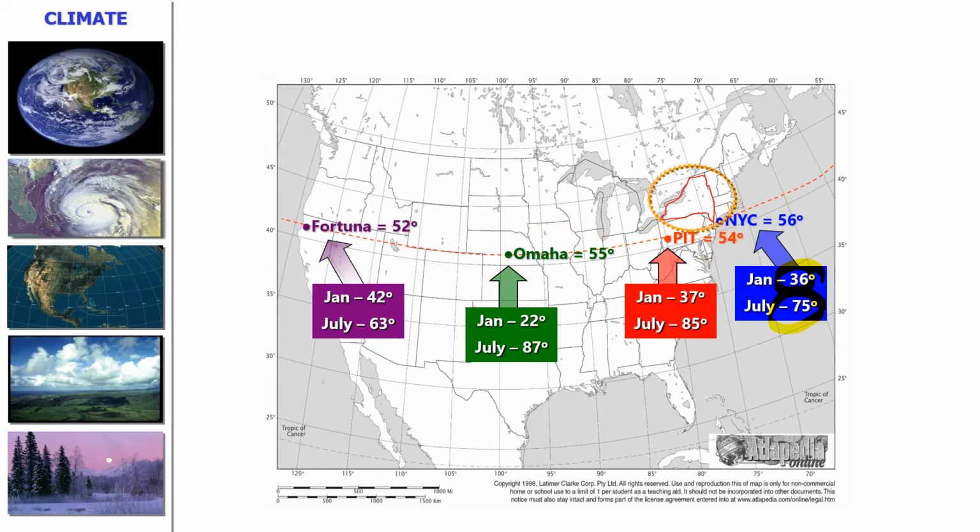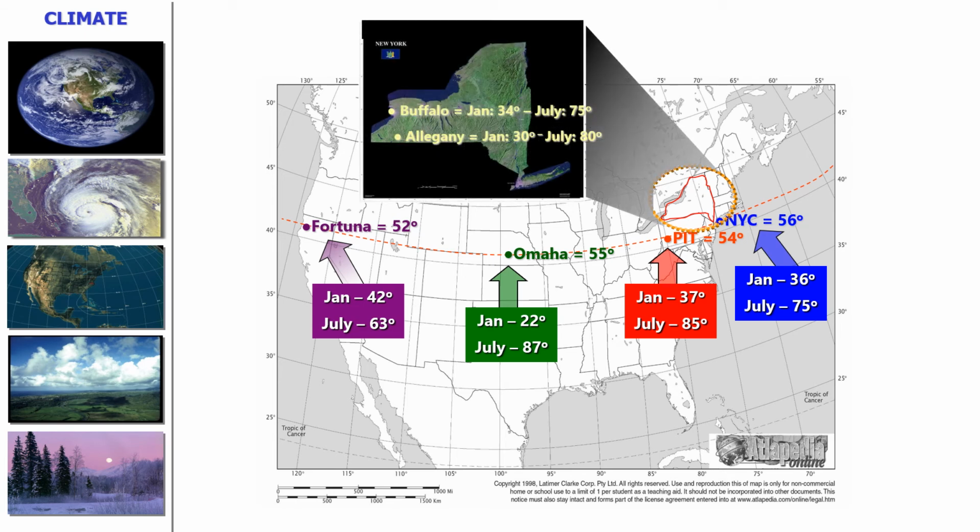Now, we can actually look at this on a smaller scale by comparing Buffalo and Allegheny. Buffalo is right along Lake Erie. Its average cold in January is 34 degrees. Its average high in July is 75 degrees, whereas Allegheny, its average cold temperature in January is 30 and in July is 80. In fact, crazy fact, Buffalo has never had a temperature of 100 degrees or higher.